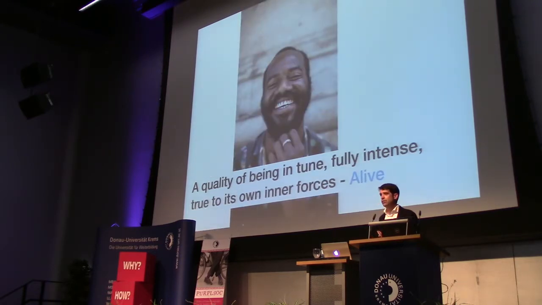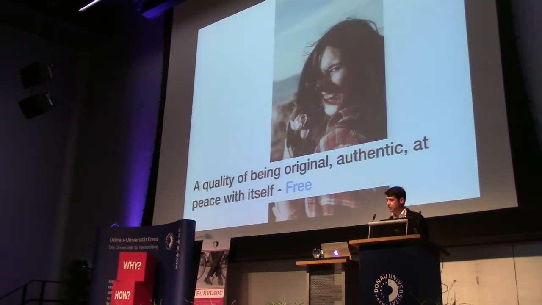A second word for this quality without a name is alive, a quality of being in tune, fully intense, true to one's own or its own inner forces, fully unfolded. Or a third way of describing this quality is being original, authentic, at peace with itself, or oneself, and therefore free.